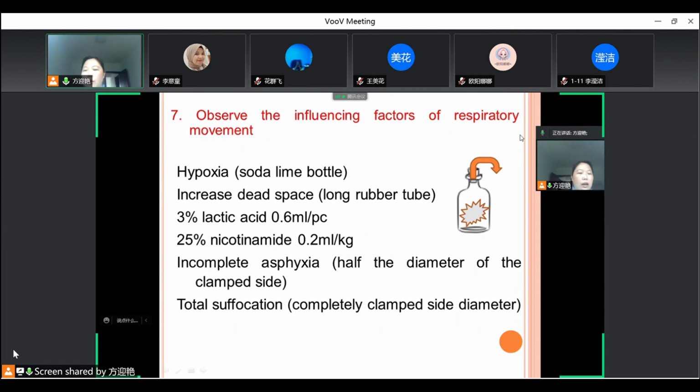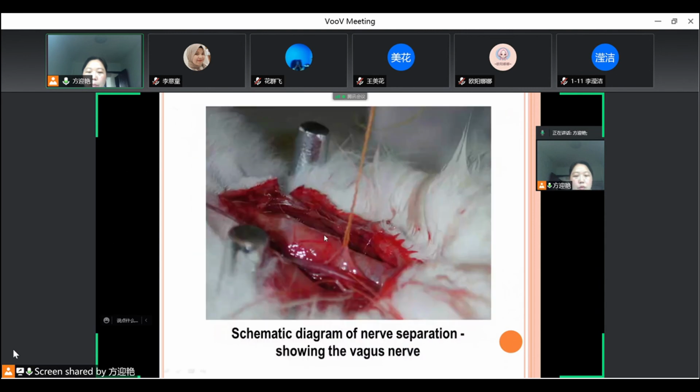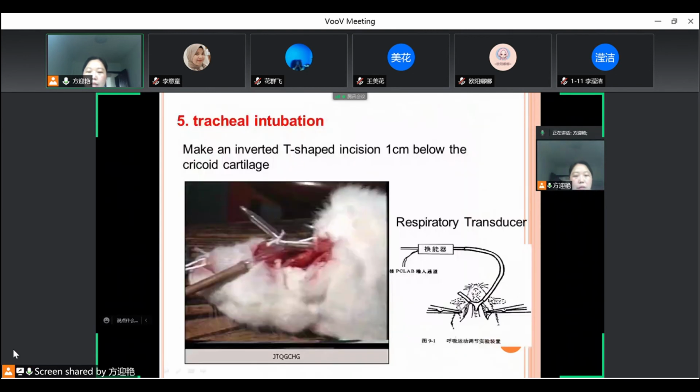This connects to the tube, and this rabbit collects the air from the atmosphere.